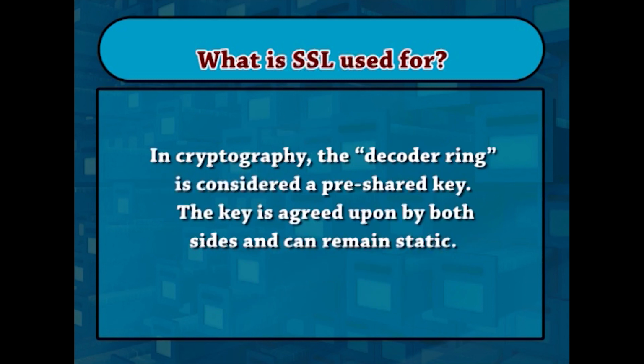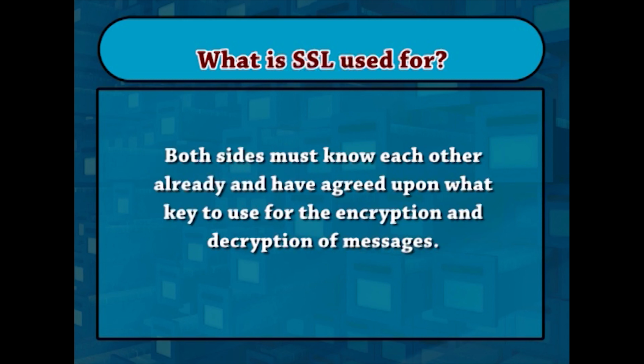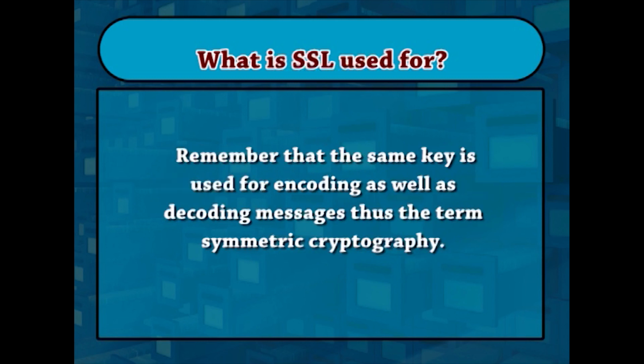In cryptography, the decoder ring is considered a pre-shared key. The key is agreed upon by both sides and can remain static. Both sides must know each other already and have agreed upon what key to use for the encryption and decryption of messages. Remember that the same key is used for encoding as well as decoding messages, thus the term symmetric cryptography.